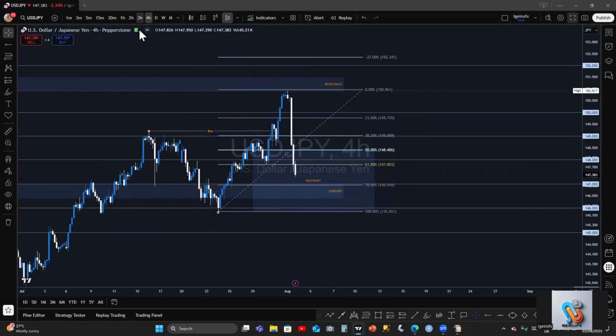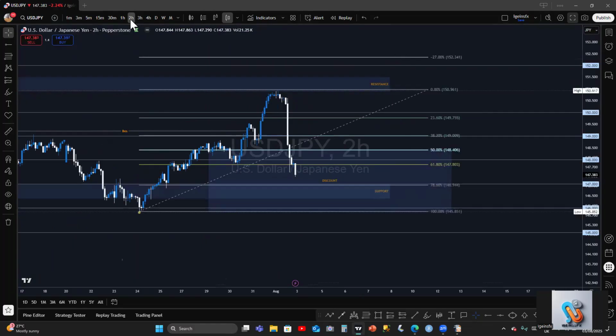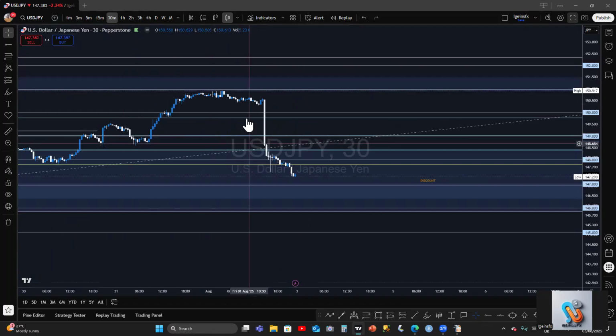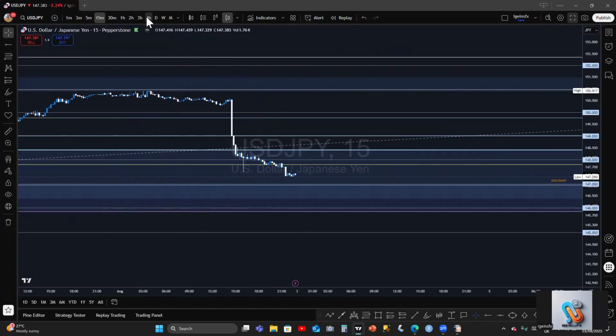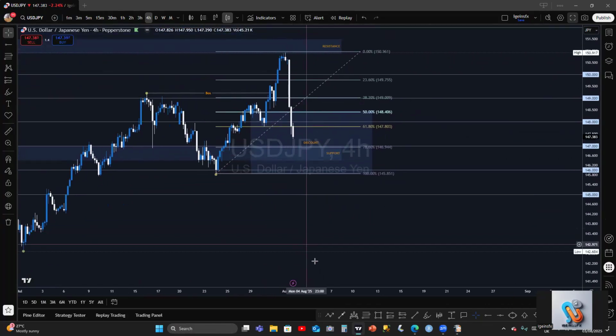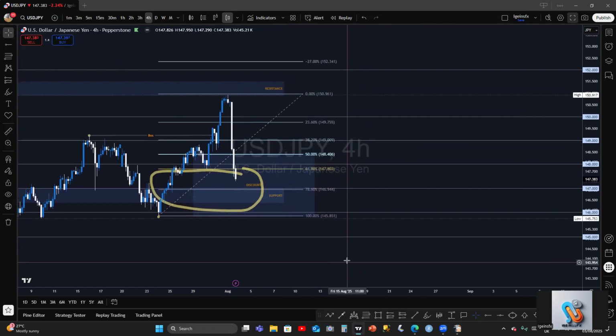If we scale down a little to 3 hours, 2 hours, 1 hour, we are not seeing anything. So let's just see if price action respects this level. If this level is respected, then we should be having a bullish run from here.